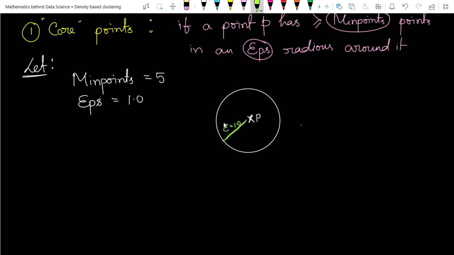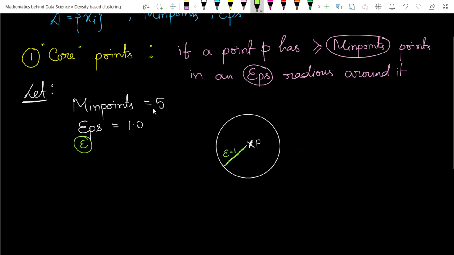Now, min points has been defined for P. If the number of points in that region is greater than or equal to 5, then P will be a core point.